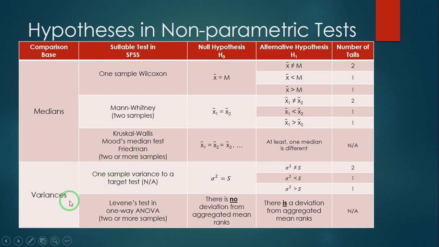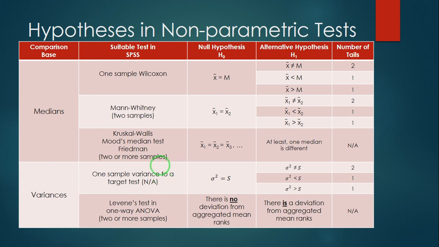If the comparison base is variances and you have just one sample and you want to compare the variance of that sample to a target variance, then there is no test in SPSS as it is not a very usual test.